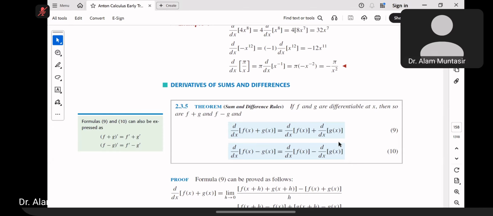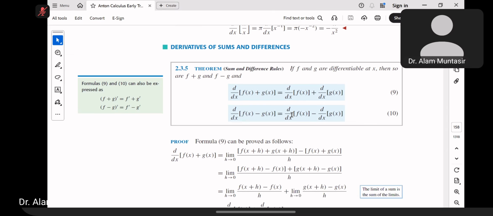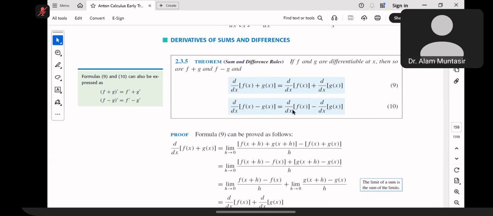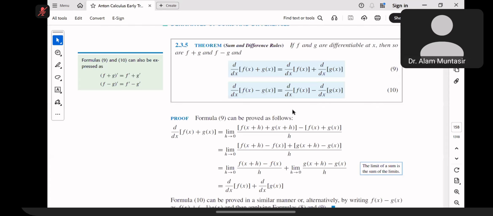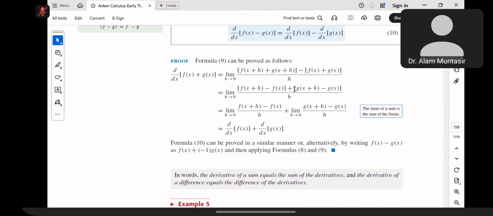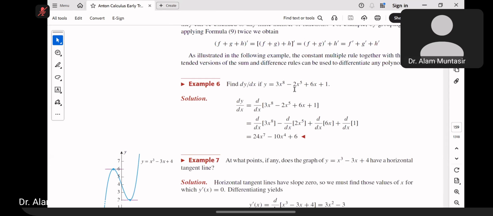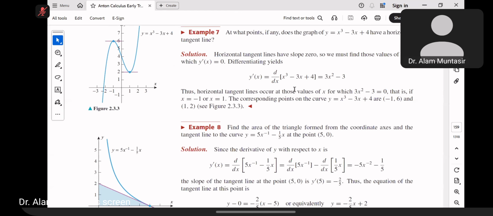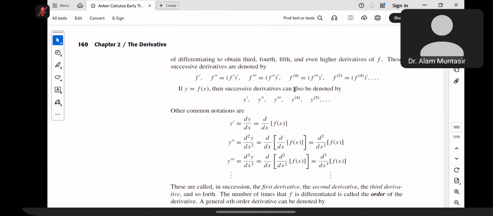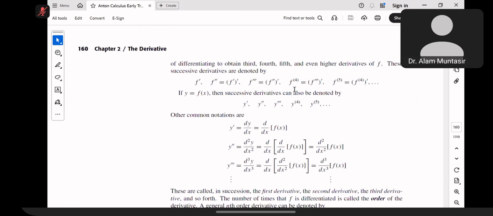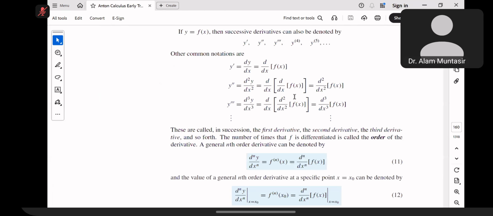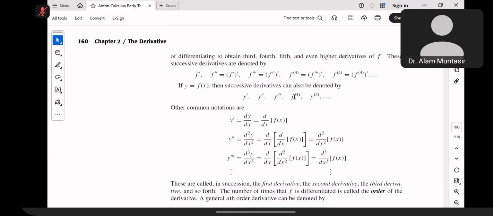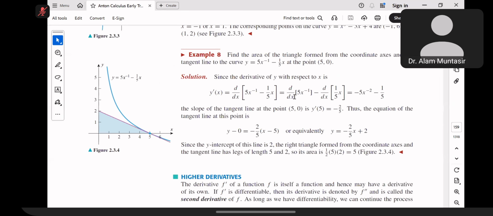This is known as the sum rule, and similarly we can take the difference of the two functions and their differentiation. Very simple. I can skip the examples. I hope you will be able to solve the remaining problems.